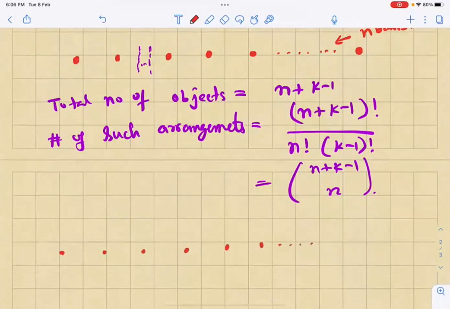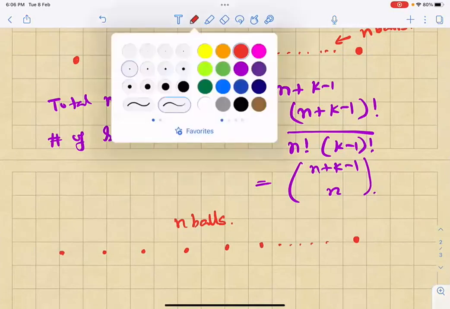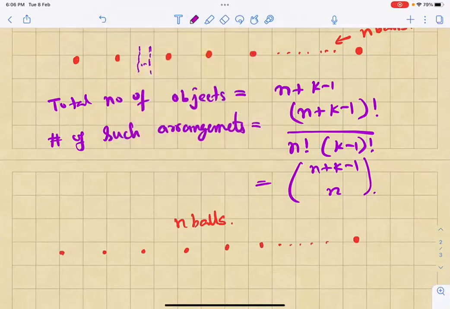Again, it's very easy. So let's count the strong compositions. Strong composition means we again have n balls, and none of the boxes should be empty, right? Then how do you do it? Someone should try who has not seen it before. If you know the solution, then it doesn't matter, but if you have not seen this problem, I invite you to try it.